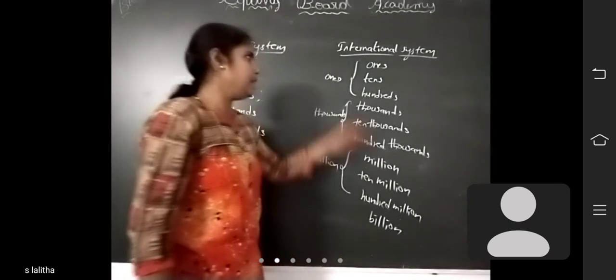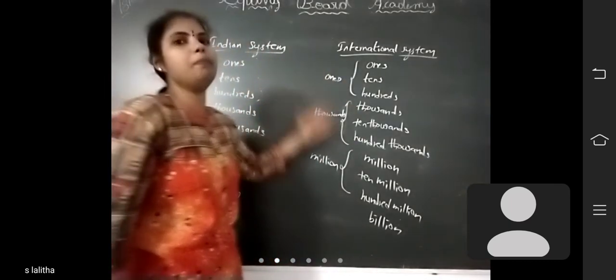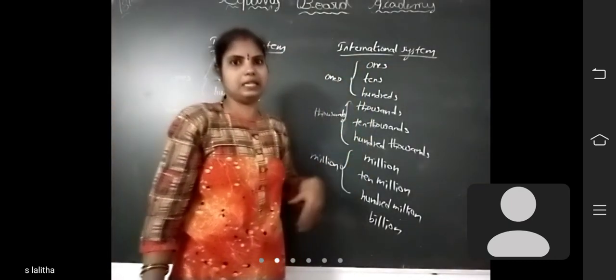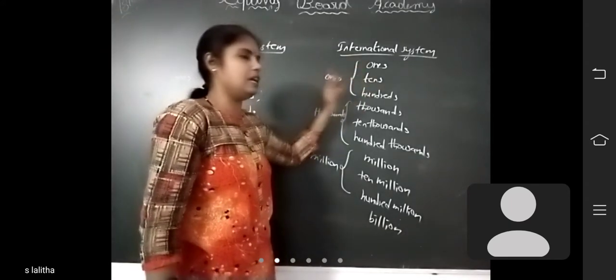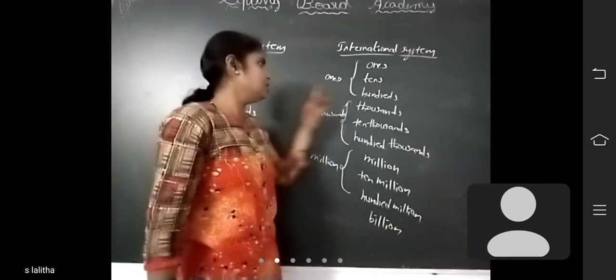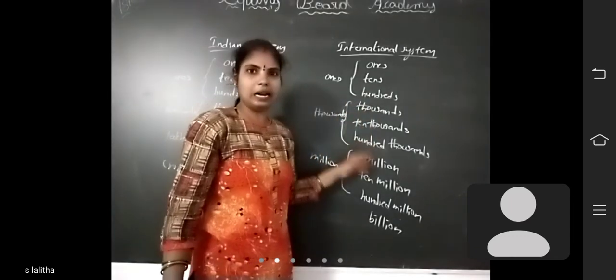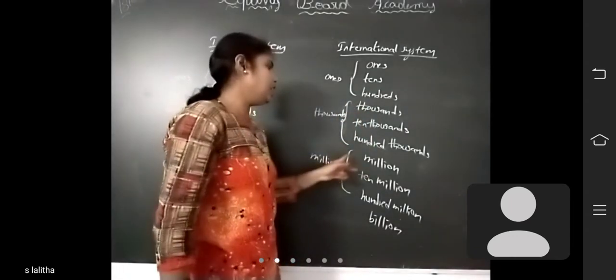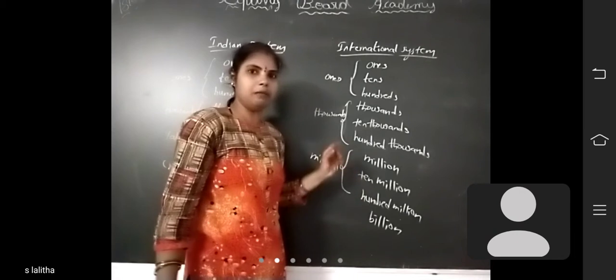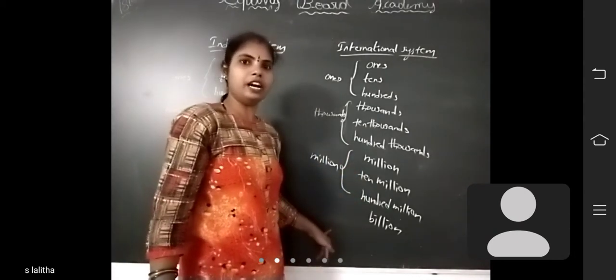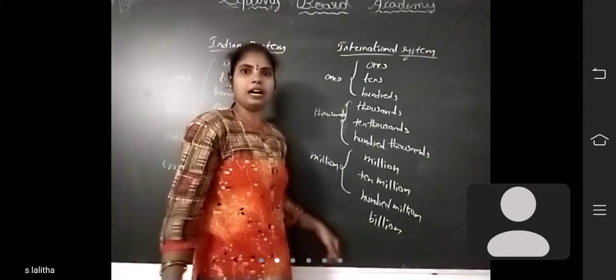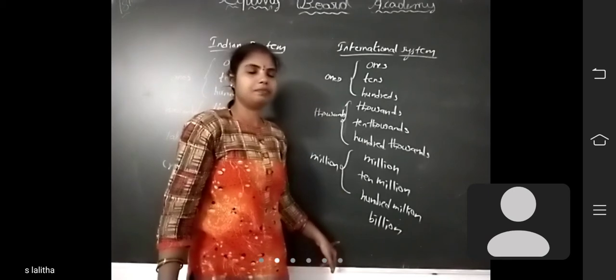So in the international system, every period has three places. Ones, tens, hundreds in the ones period; thousands, 10,000, 100,000 in the thousands period; million, 10 million, 100 million in the million period; and in the billion period, 1 billion, 10 billion, 100 billion. Did you understand now?